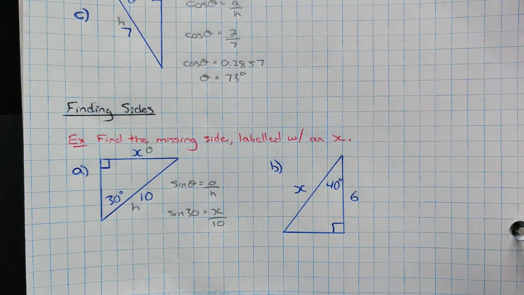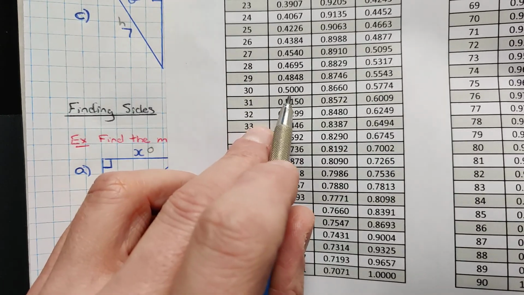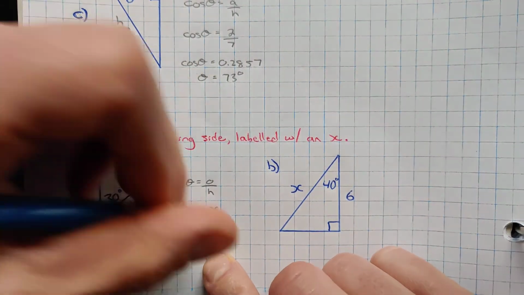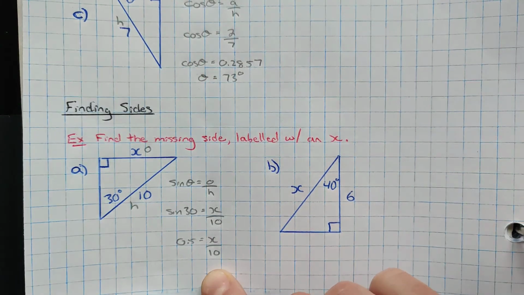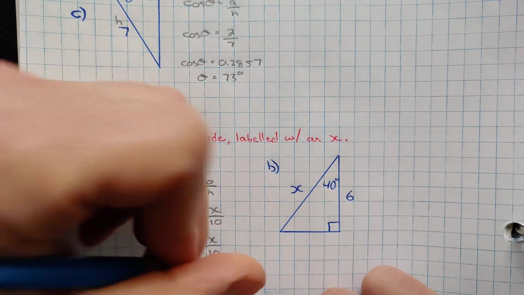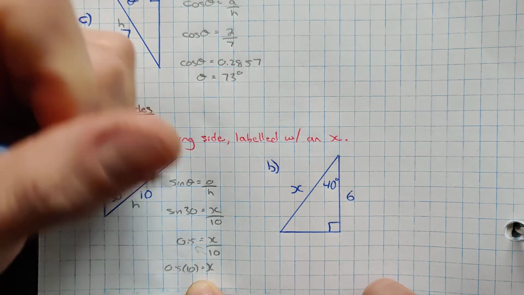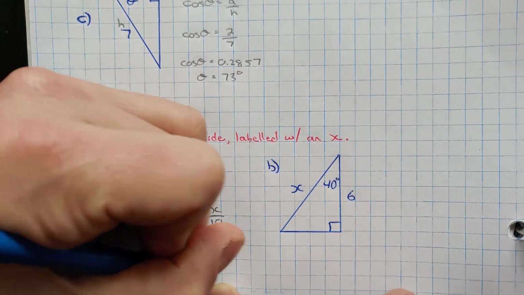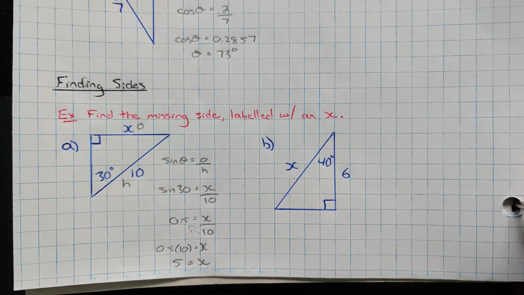Or on my table, I go to 30 and go over to sine, and there's my 0.5. So I got 0.5 equals x over 10. And now I just do a little algebra here, move the 10 over by multiplying. I have 0.5 times 10 equals x, or 5 equals x. So there's the length of my missing side in that triangle.